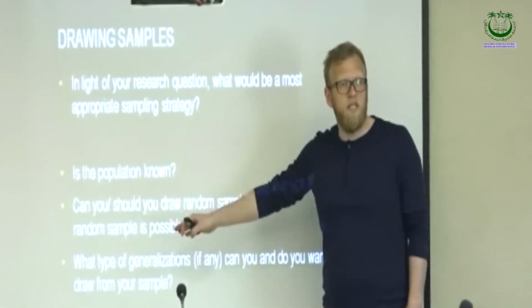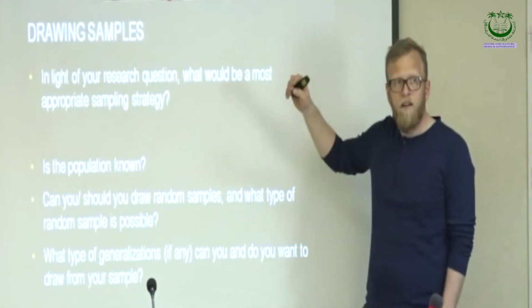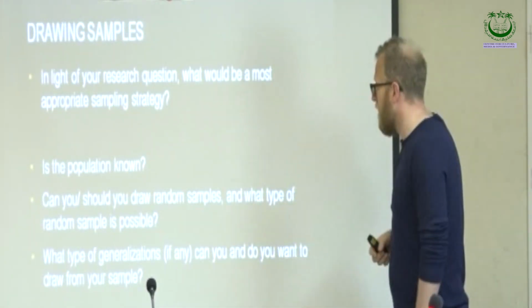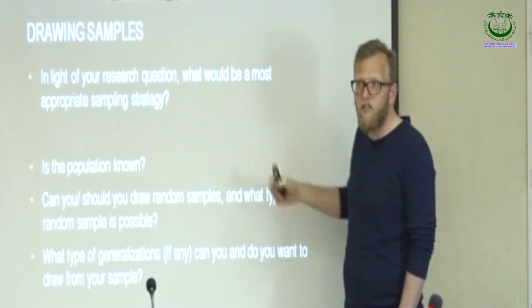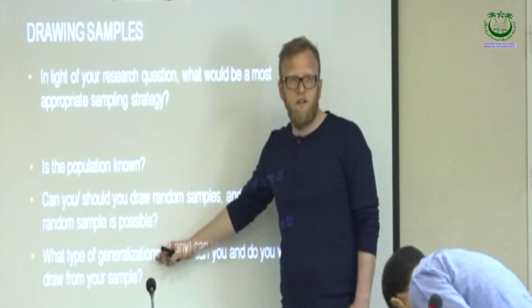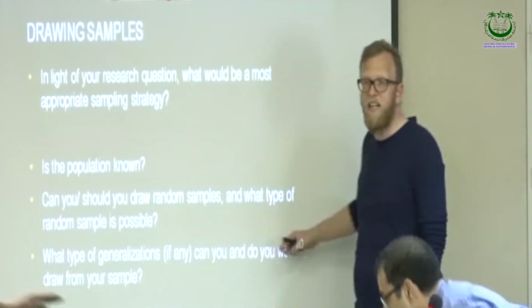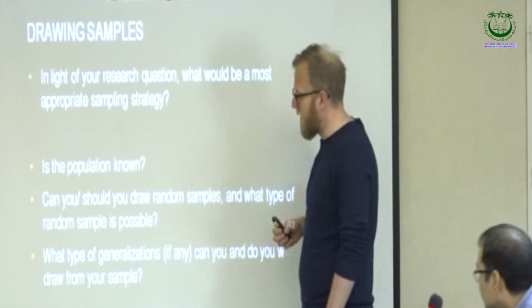And if you don't need a random sample, why do you not need a random sample and get away with a non-random sample? What's the purpose of your research question, and is randomization essential to answer that research question or not? And then discuss what types of generalizations you're likely to be able to draw based on your sample.